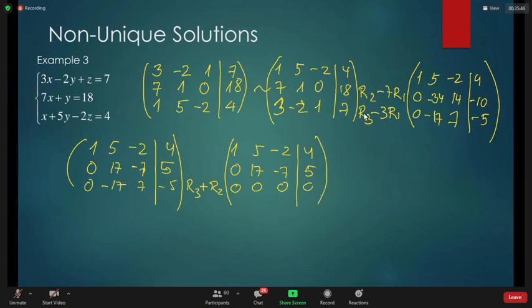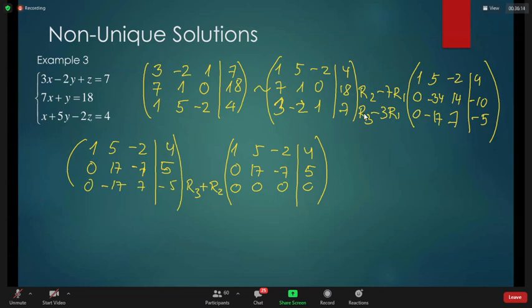So now what? Now we have this interesting situation where we want to make the reduced row echelon form. This is row echelon form, simply the row echelon form. Because we have rows, we have the echelon, every next leading coefficient is to the right of the previous one. So 17 is to the right of 1. But we do not have the reduced form.